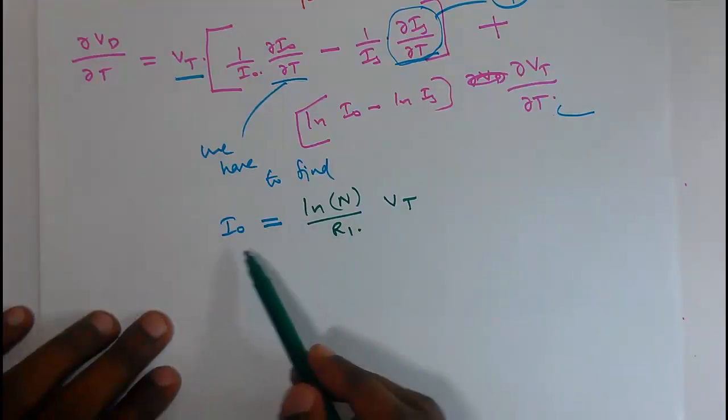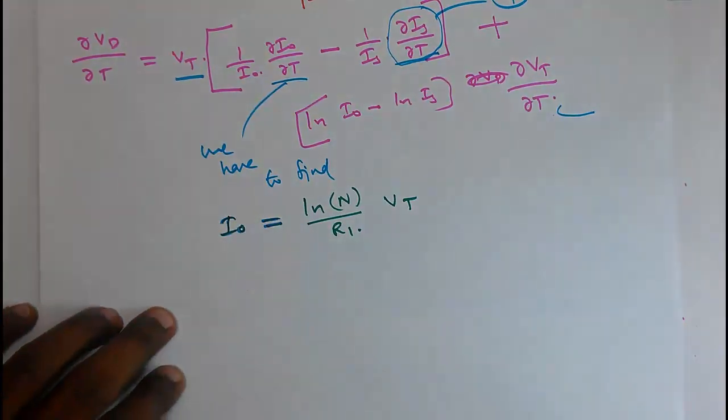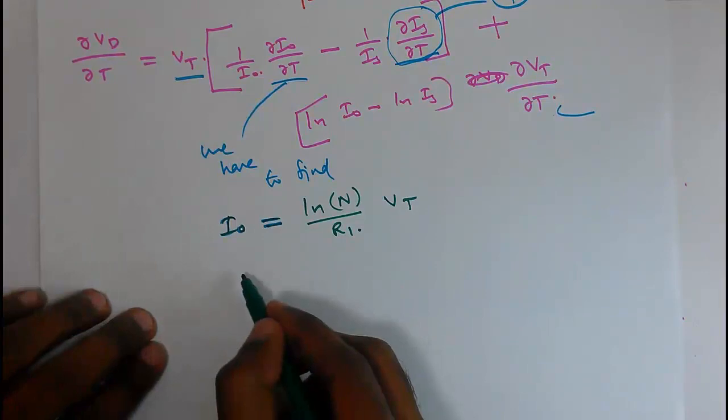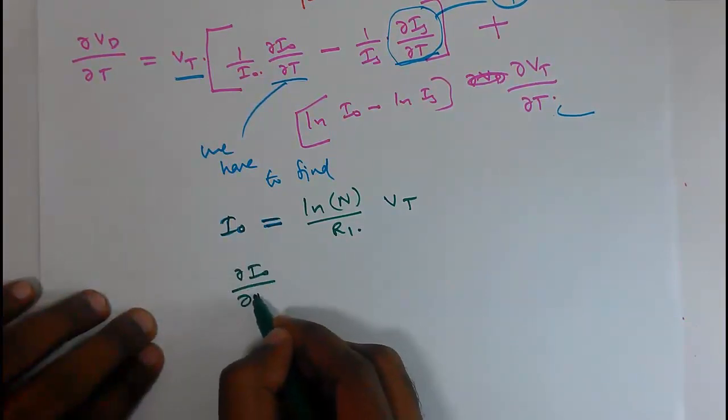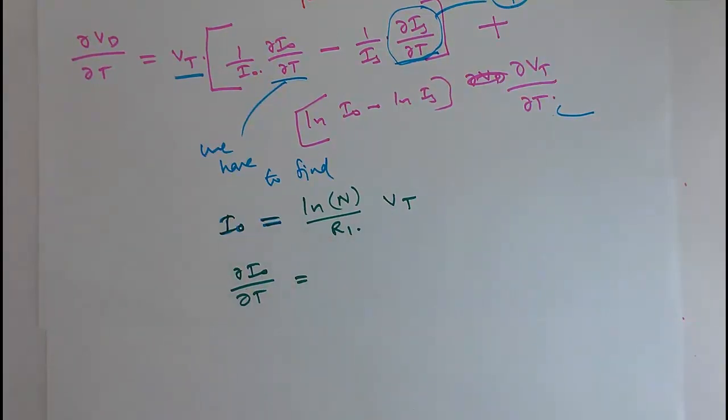In this expression, I0 equals ln n divided by R1 into Vt. So ∂I0/∂t, we have to differentiate this term. Strictly speaking, the resistance R1 is also dependent on temperature, but the effect of that dependency is very small, and for the time being we can neglect it.